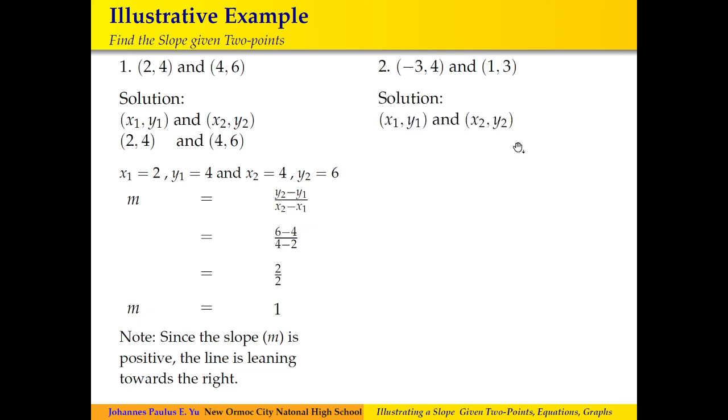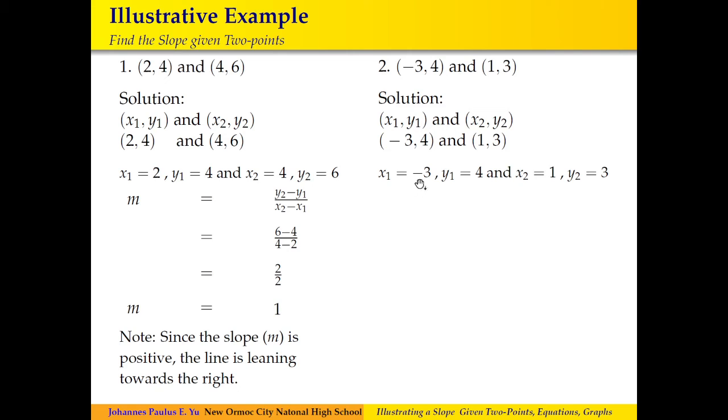Following the same pattern, we have negative 3 is x sub 1 and 4 is y sub 1. And the second coordinate is x sub 2 is 1 and y sub 2 is 3. So the same, this is x sub 1 negative 3, y sub 1 is 4, and x sub 2 is 1, and y sub 2 is actually equal to 3.